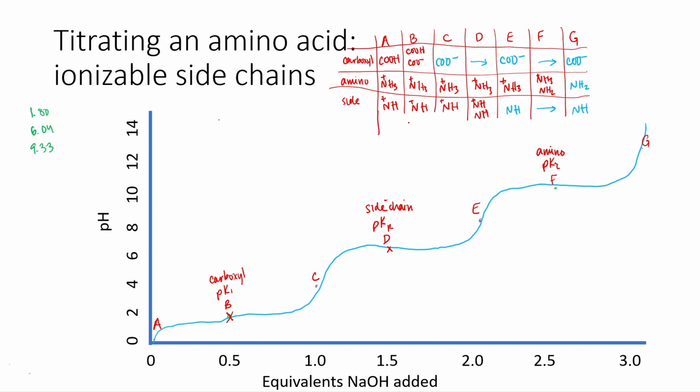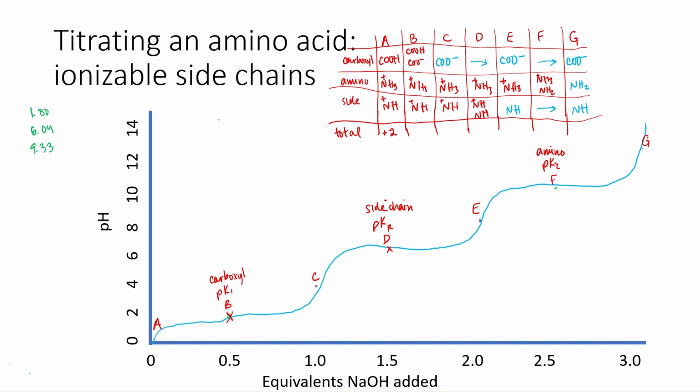So what does this tell us? It can help us figure out what the charge is on our whole amino acid at any of these given points. So in a sense, we can add up and make a total for our table that we just created. So at point A, we have 1 neutral and 2 positives. We have a charge of +2 for this amino acid.